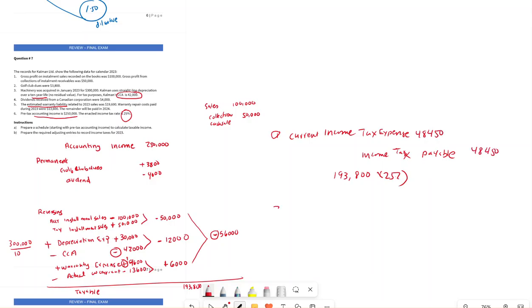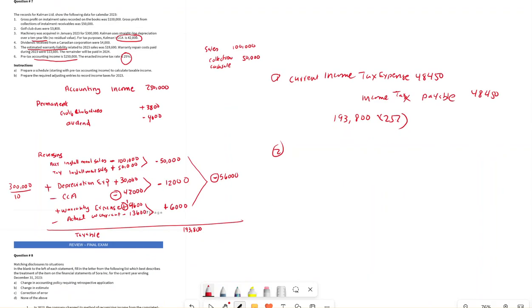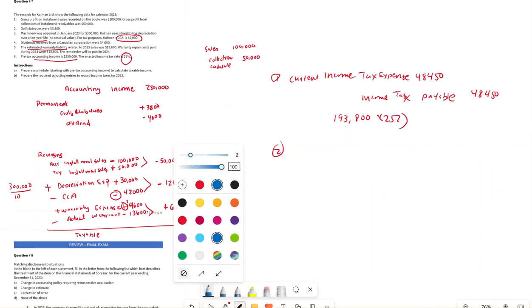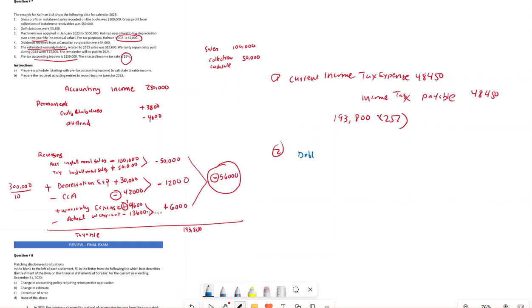48,450. My second entry will be, again, we're doing a combined entry. If you're doing a combined entry, you have to call it deferred tax expense / benefit. Credit will be your deferred tax asset / liability.